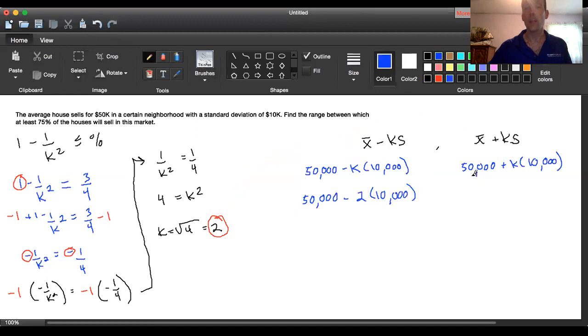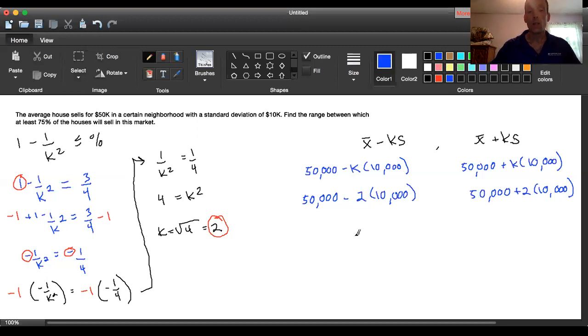And over here, the same thing, 50,000 plus 2 times 10,000. Okay. And for our photo finish, if we do the mathematics on both sides, we'll stay with the same color.